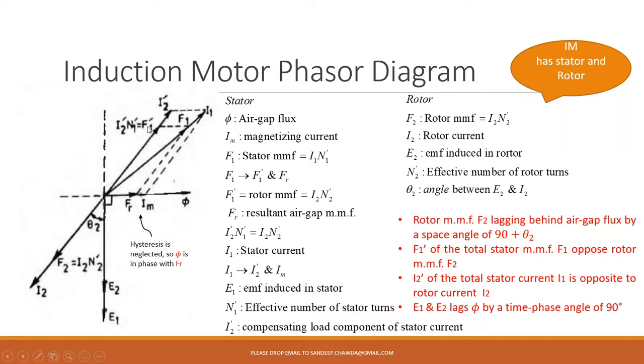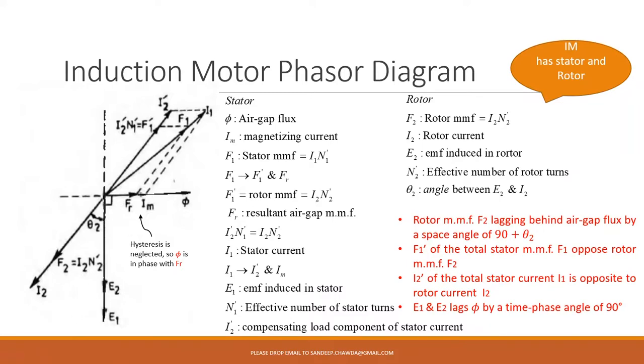Then you will have E1 and E2, which lag phi by 90 degrees, so they are drawn at 90 degrees from phi. E1 is the EMF of the stator side, and E2 is the EMF of the rotor.